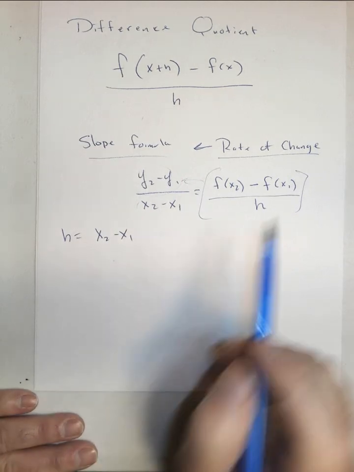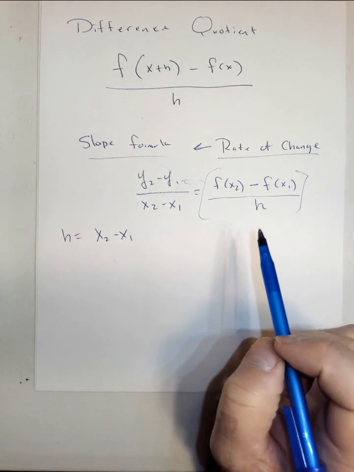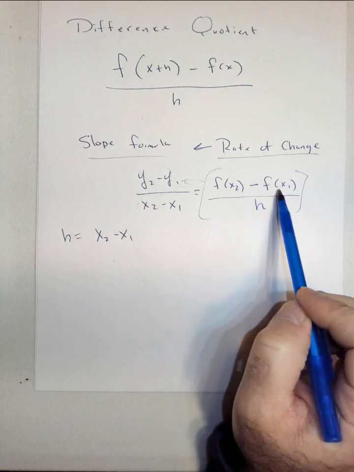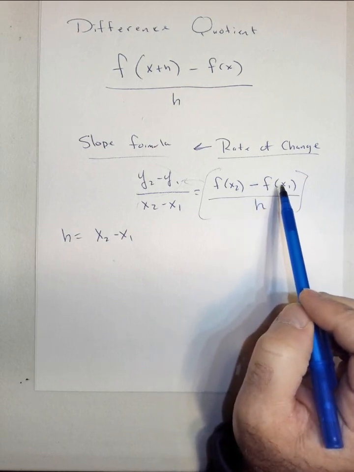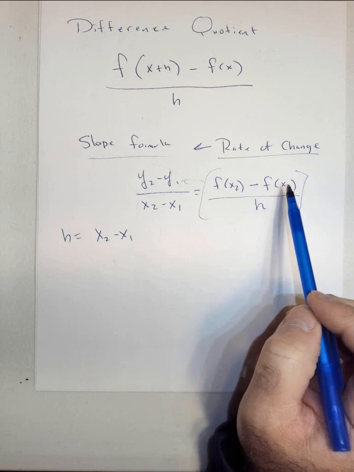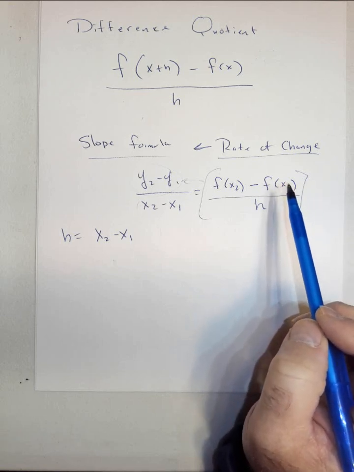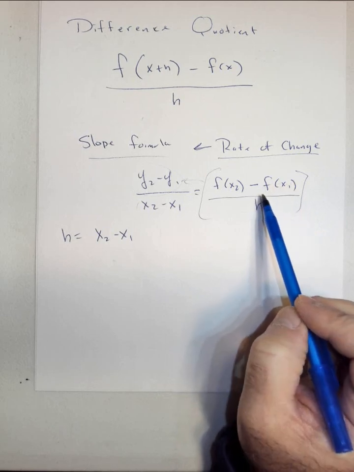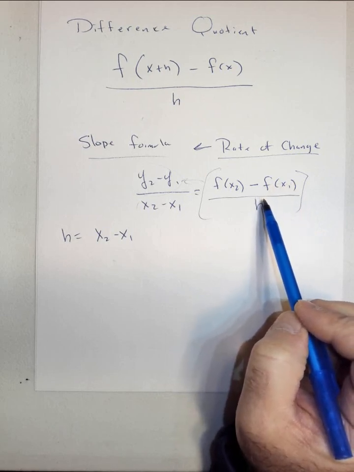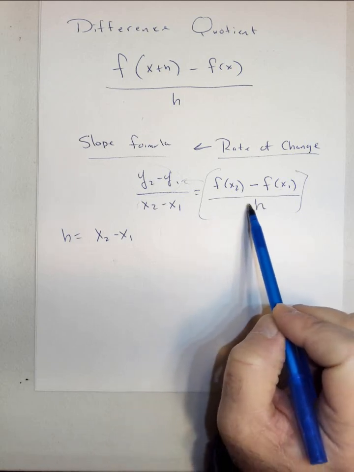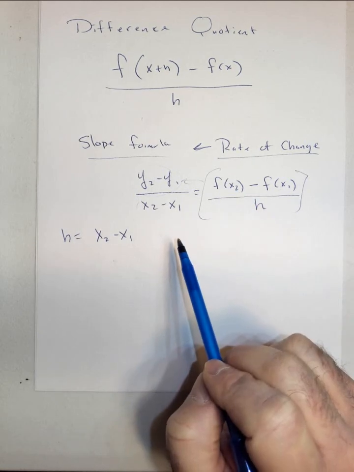But the reason we do this is because, remember what we want to do. We want to go from 2 points on a curve to 1. We want to let this go to 0. So to do that, we have to eliminate x sub 2.